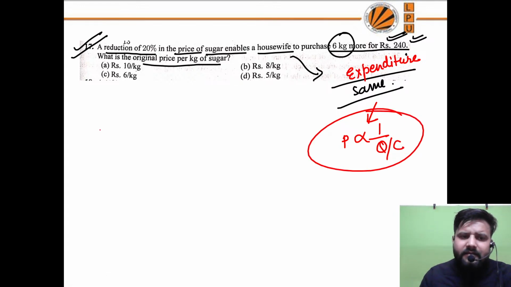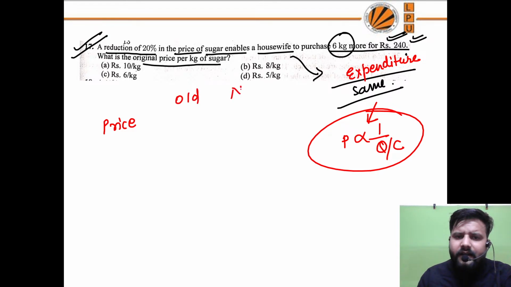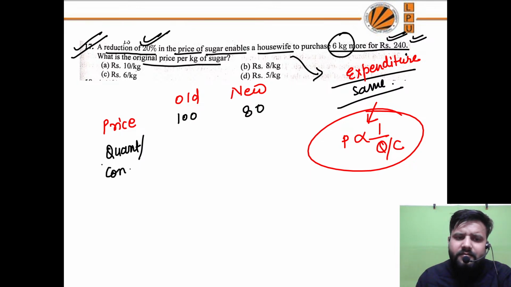So now let's see here. Price, old and new. We know that price is reduced by 20%. So initially if price is 100, now it is 80. There will be a reverse effect on the quantity or consumption, so quantity will go from 80 to 100.